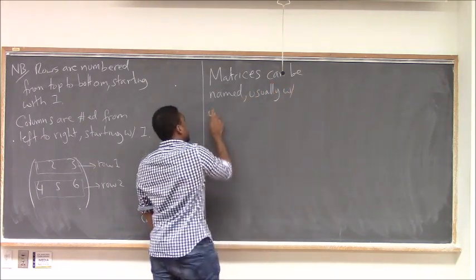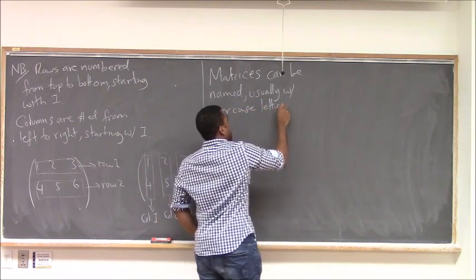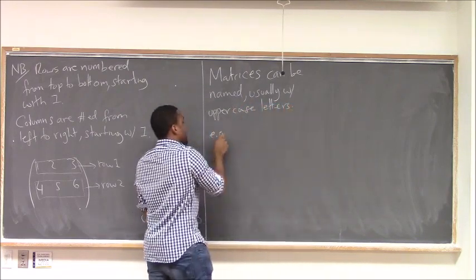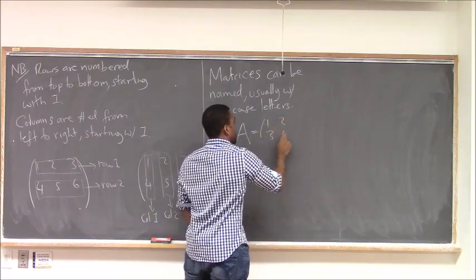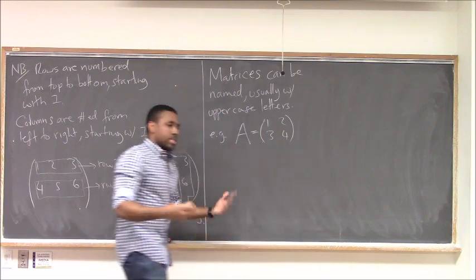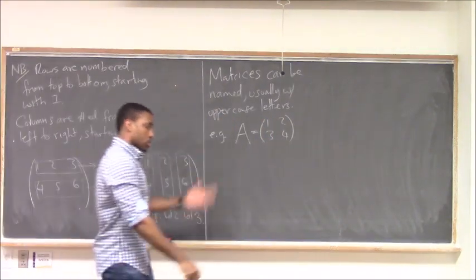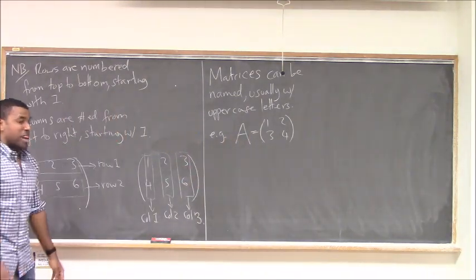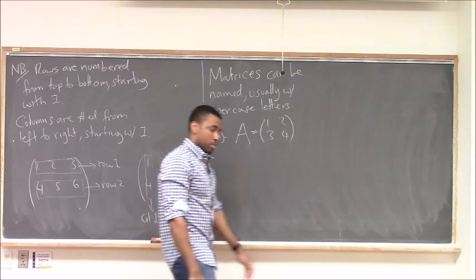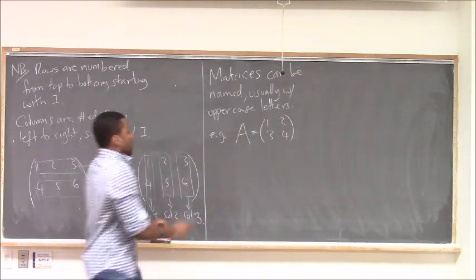So for example, I can say A is the matrix 1, 2, 3, 4. And then every time I say A from then on, you'll know I'm talking about the matrix 1, 2, 3, 4. Similar to a function, we can name it. We usually use uppercase letters. In fact, matrices can represent functions. I'm going to talk about that later, but you just know we can name it.